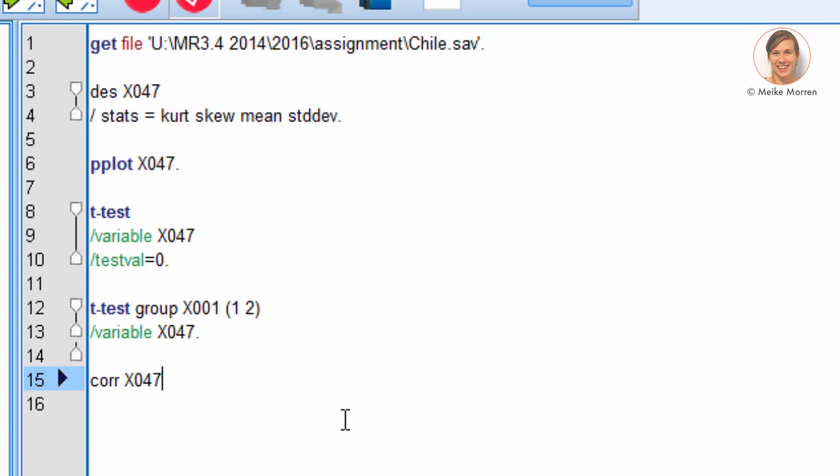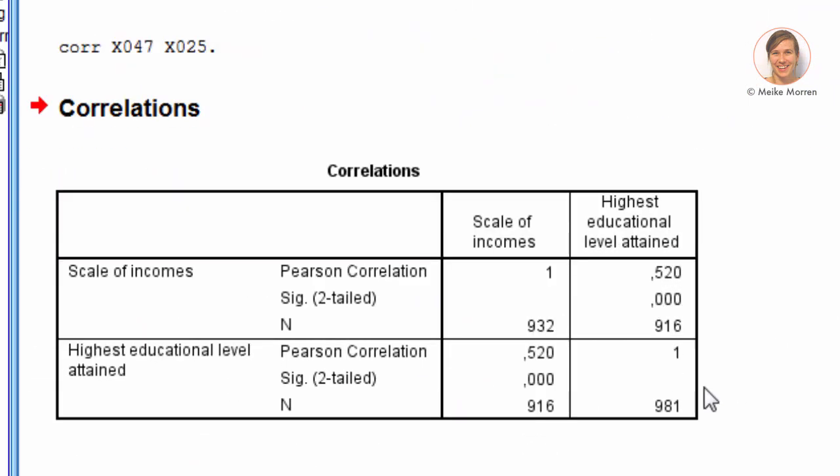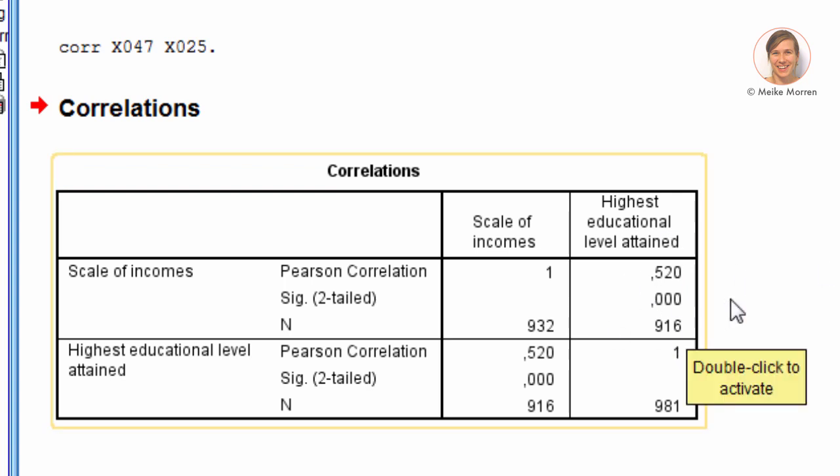I will test the correlation between income and education. Now, as you can see, they are positively related.